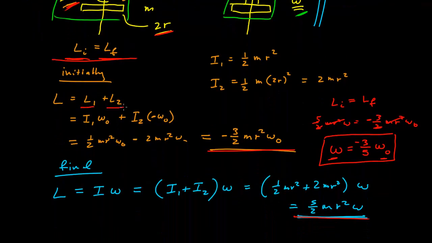Initially, you had the angular momentum of the two objects spinning separately, and so this is the initial. And then final, you had the angular momentum of the entire object rotating at the same angular velocity. And then equating the two, we were able to establish a relationship of the final angular velocity relative to the initial angular velocity.